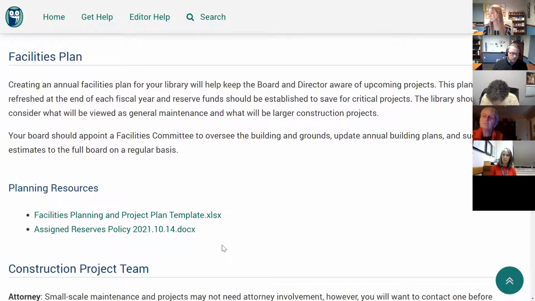But if you were to use that emergency fund and either wait for something to break and then use that funding for it, or use the money inappropriately by pulling it out for general repairs or maintenance, then that would be kind of against the point of having that as a reserve policy.